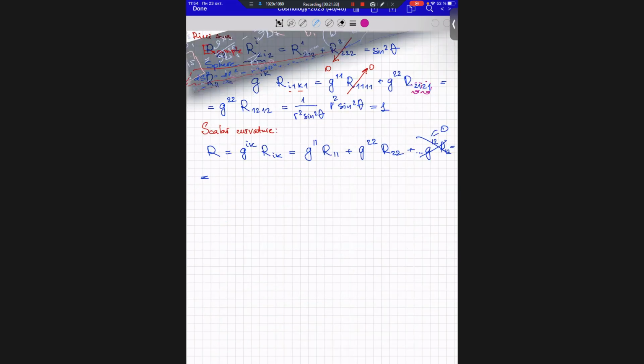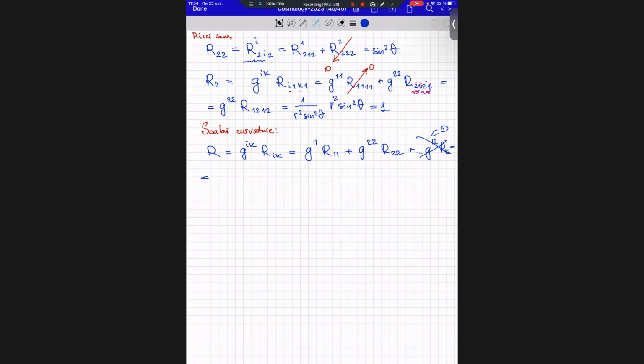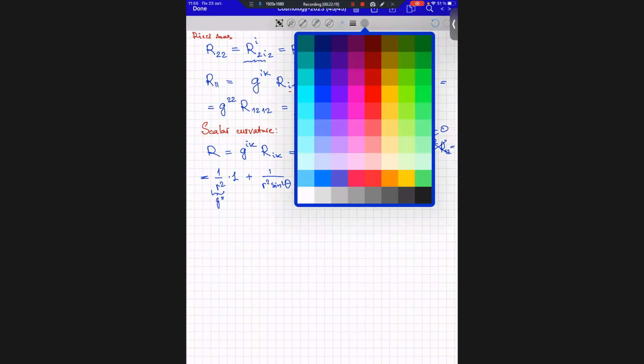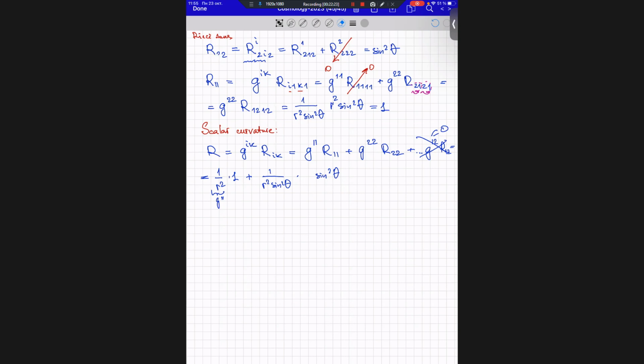So finally, we just need to put here g11 contravariant, which now equals 1 divided by r squared, times R11, which is unity, plus g22 contravariant, 1 divided by r squared sine squared theta, multiplied by R22, which is sine squared theta. So this disappears, and finally we have 2 divided by r squared.